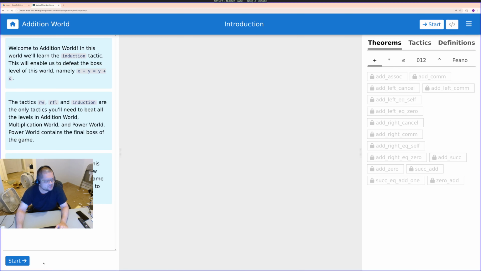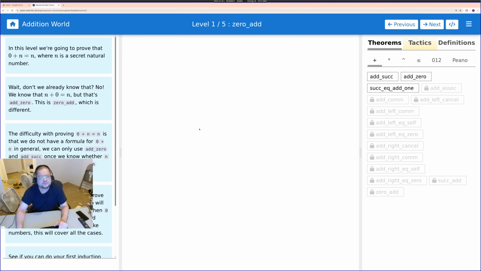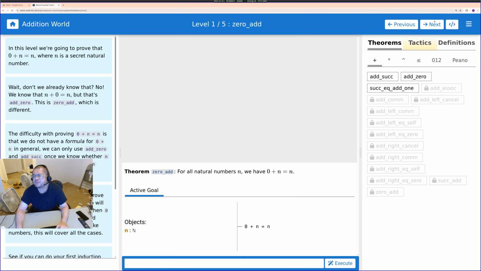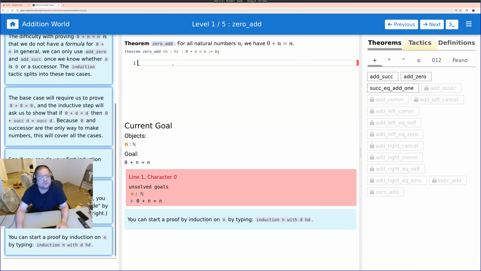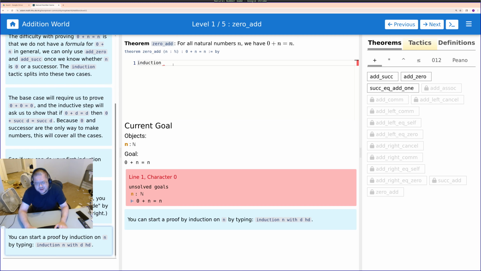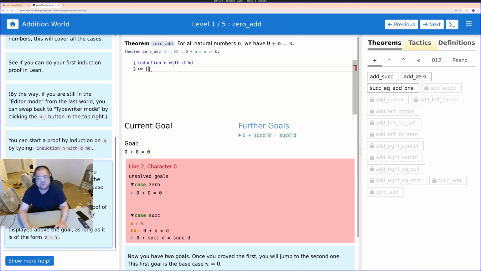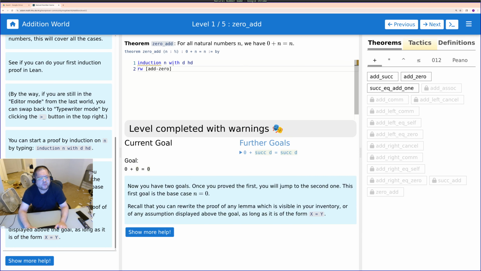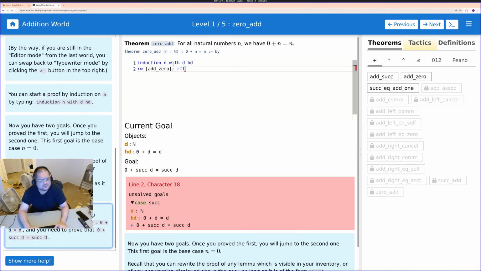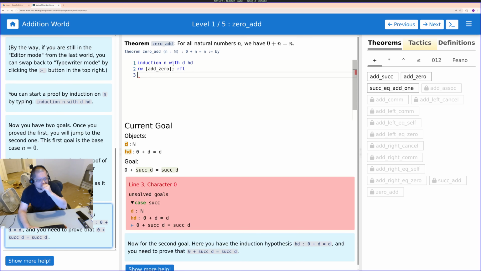Now the addition world. Induction on N with HD. Okay, that's a base case.